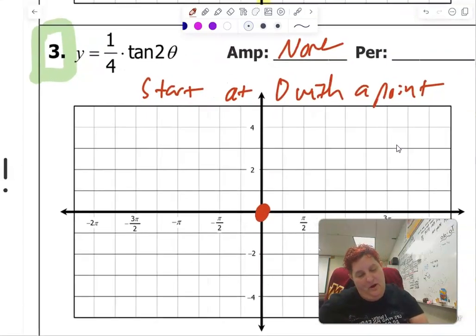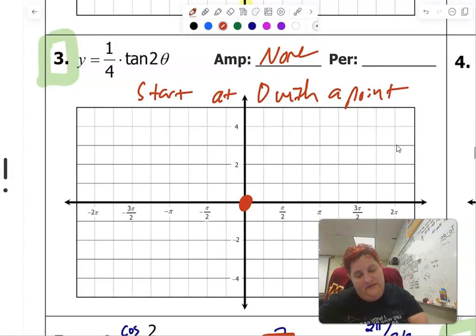Now these have a different period than what we've been using. It's pi over b, so the period is pi over 2. What that means is that from dot to dot, that's pi over 2. And then dot to dot, the next one, that's another pi over 2. That would make that pi.